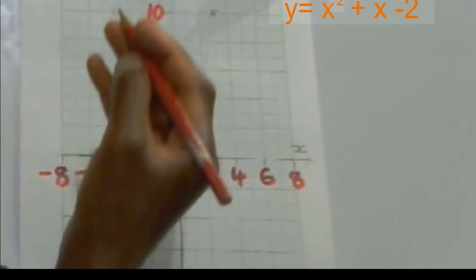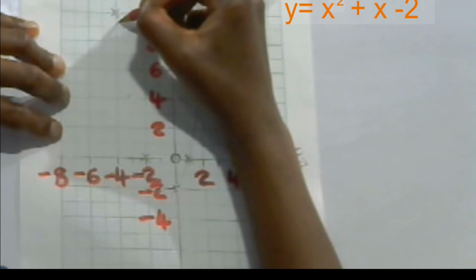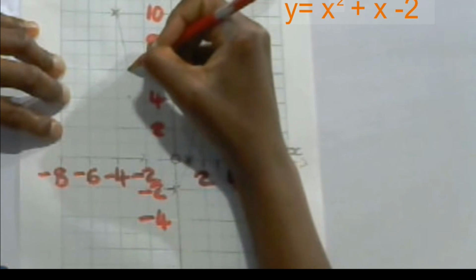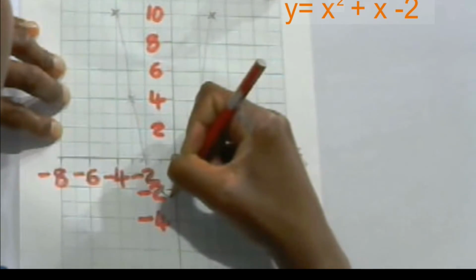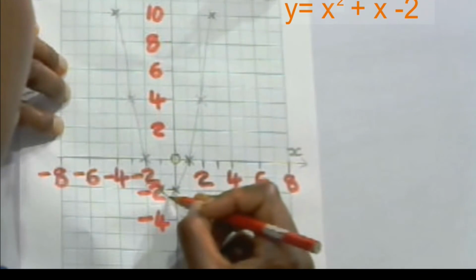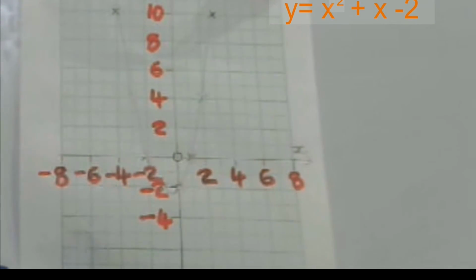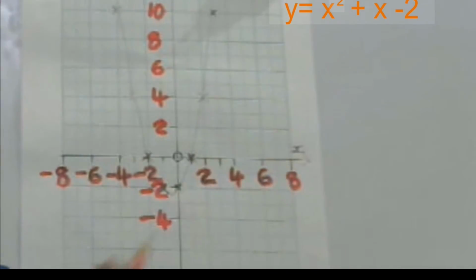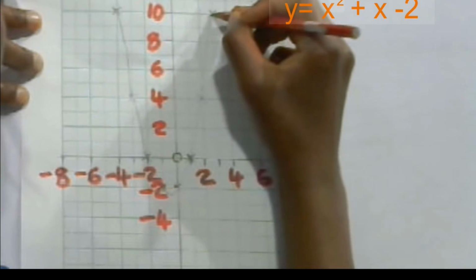Okay, trying to draw a graph. Okay, there goes our graph. I just want to make it bright so that we can see it. Let me try to lighten it.